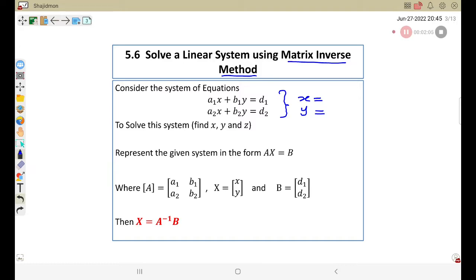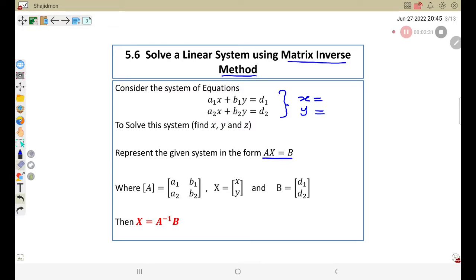So what we do is represent the given system in the matrix form, Ax equal to b. That means our system we need to represent in matrix form, Ax equal to b, where the A matrix is just the numbers behind x and y, the coefficient matrix: a1, b1 in the first equation, a2, b2 in the second equation. This matrix we call the A matrix.